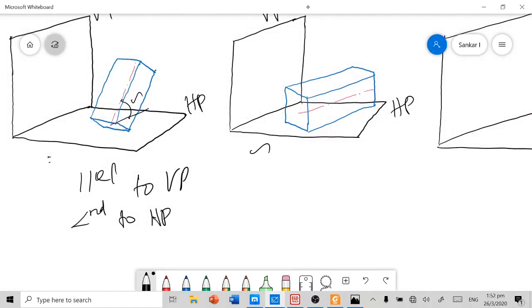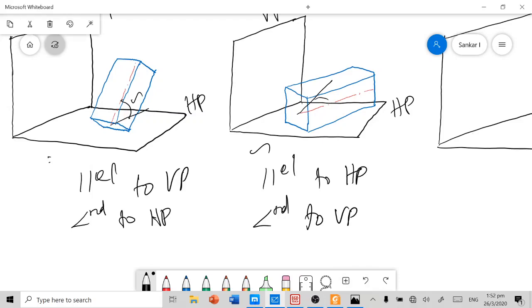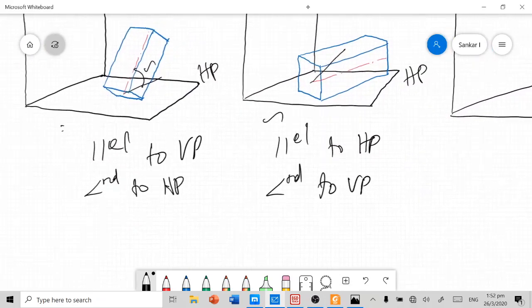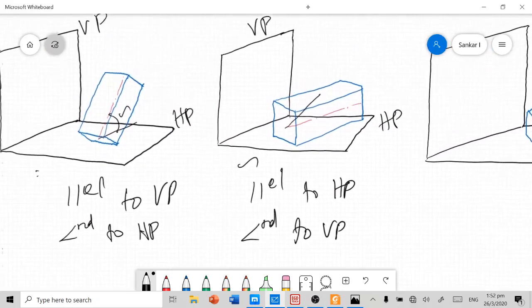Here the solid axis is parallel to HP and inclined to VP. You can see the solid axis is parallel to HP and inclined to VP. There is an inclination between the solid axis and the vertical plane. So this is also a case in the solids, parallel to HP and inclined to VP.